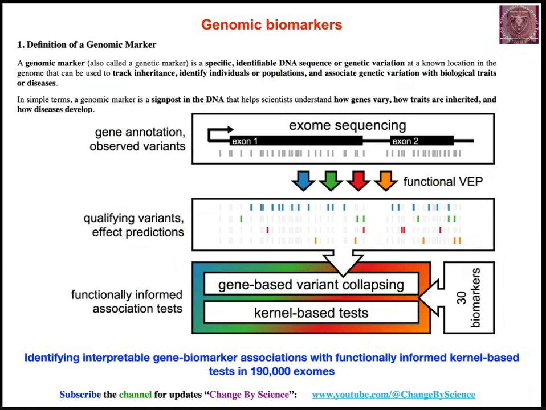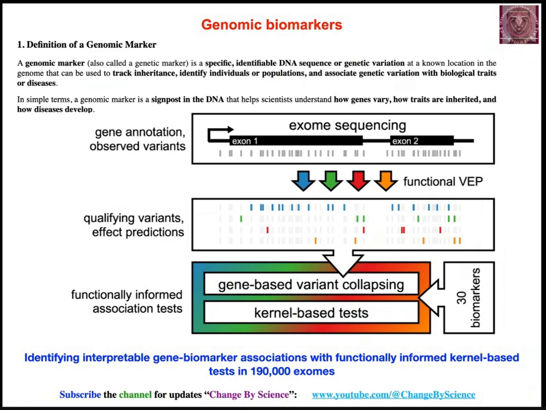In simple terms, a genomic marker is a signpost in the DNA that helps scientists understand how genes vary, how traits are inherited, and how diseases may develop.